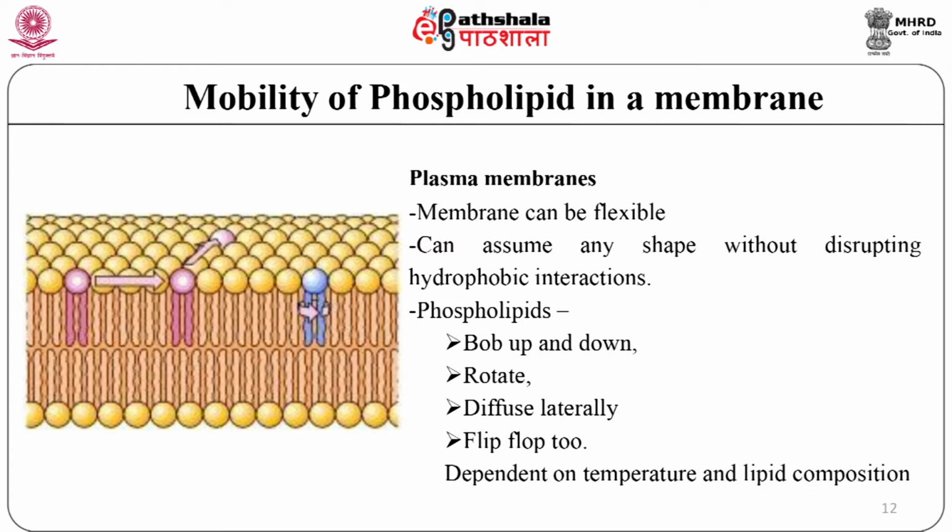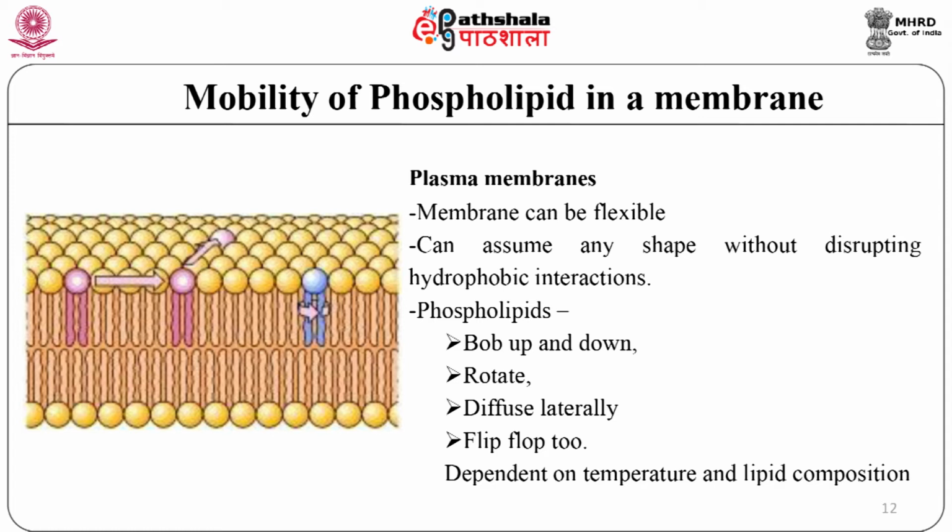Individual molecules of the lipid bilayer, that is, lipids and proteins, have the ability to rotate and move in a lateral direction within the bilayer. This is possible and dependent on temperature and lipid composition. For example, shorter fatty acid chains have weaker interactions as compared to longer fatty acid chains.